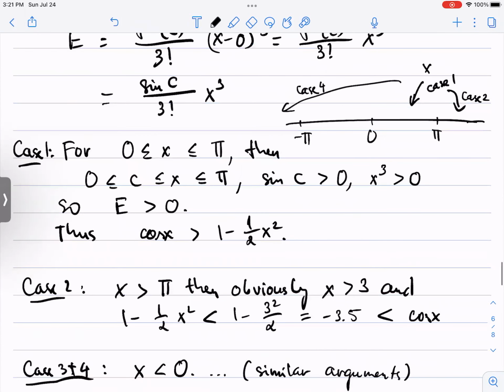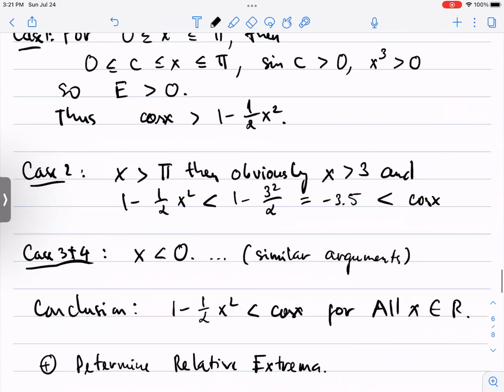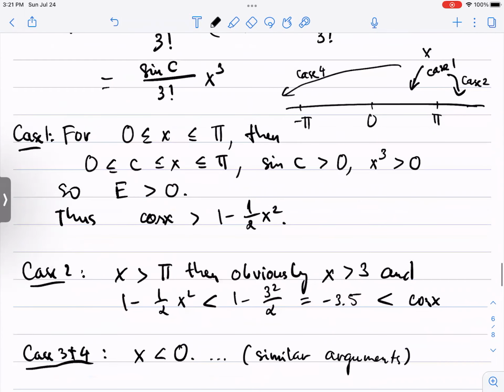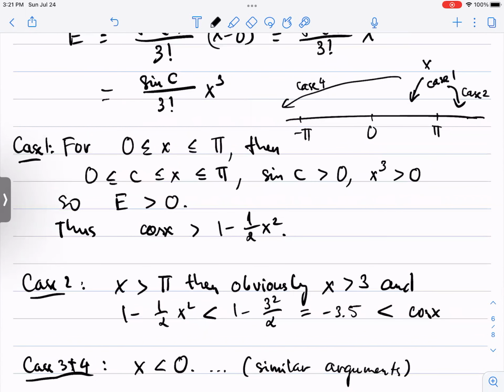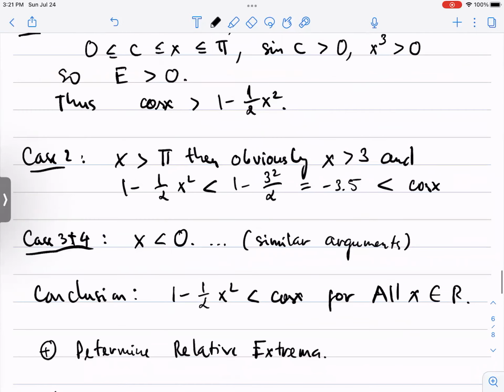And we argue similarly in other cases. So the second case is when x is bigger than pi. The third case is when x is between minus pi and 0. And the fourth case is when x is smaller than minus pi.